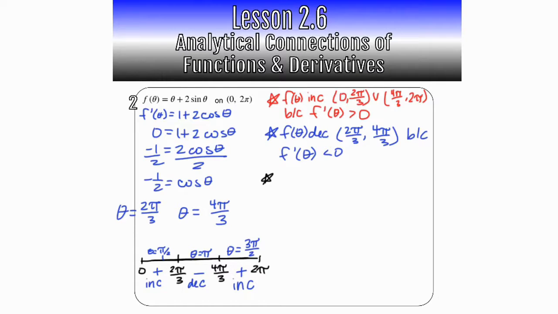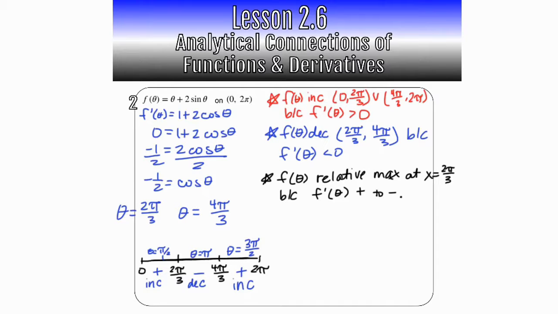Now we need to find the max and min. So f of theta has a relative, make sure you note this, a relative max at x equals 2 pi over 3. Why? Because f prime of theta goes from positive to negative. So it goes from increasing to decreasing, essentially.